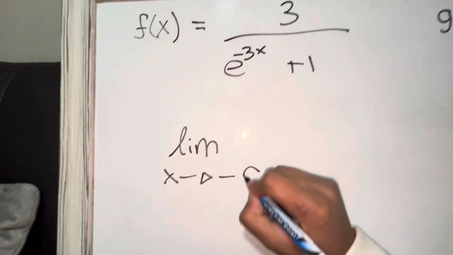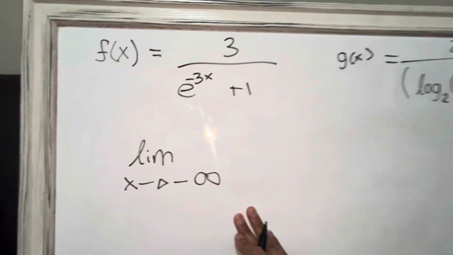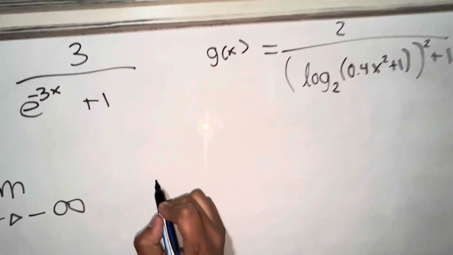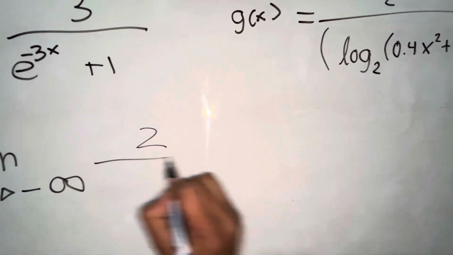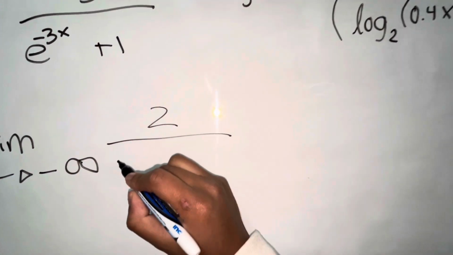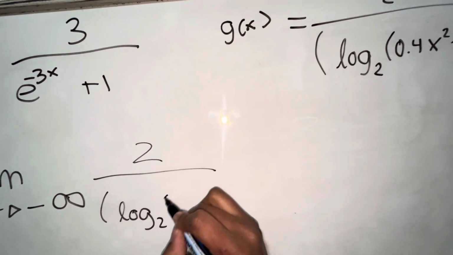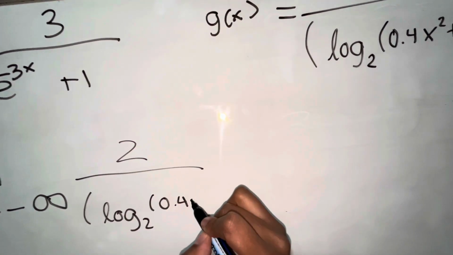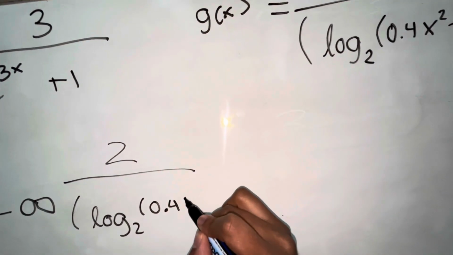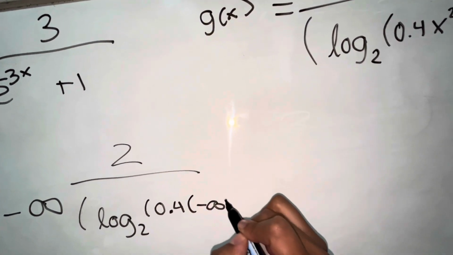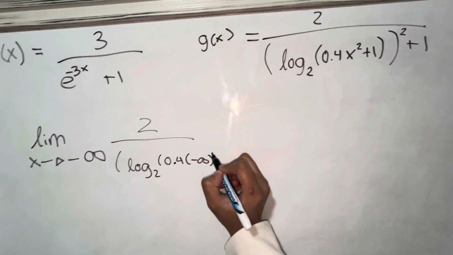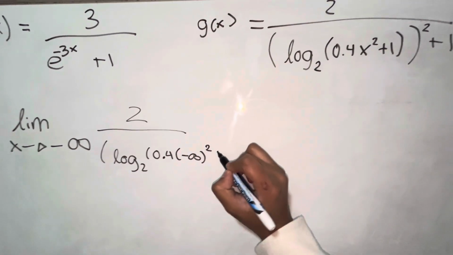And remember, it's decreasing without bound. So you're going to put it as negative infinity. And then you're going to put the equation, but with negative infinity as your input. So you're going to put 0.4, and then you're going to put your negative infinity squared plus 1.